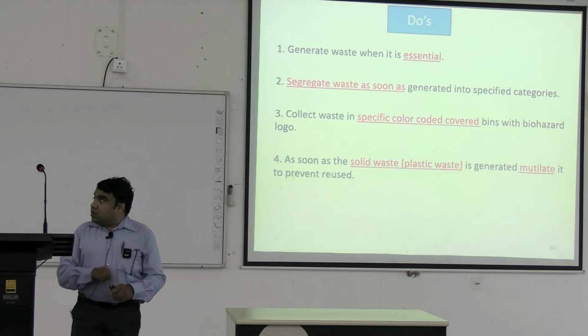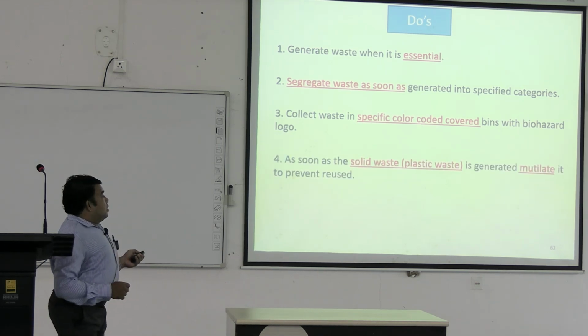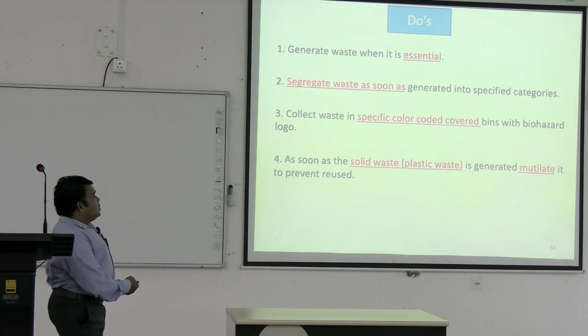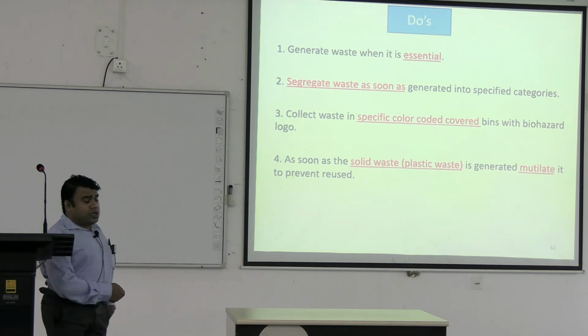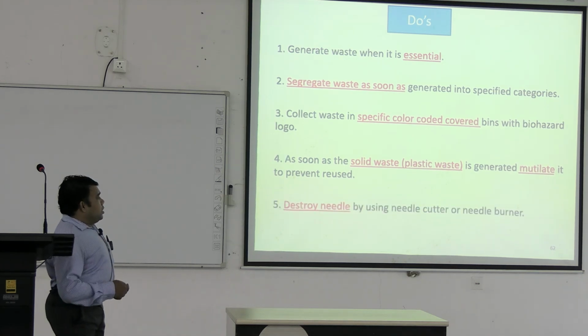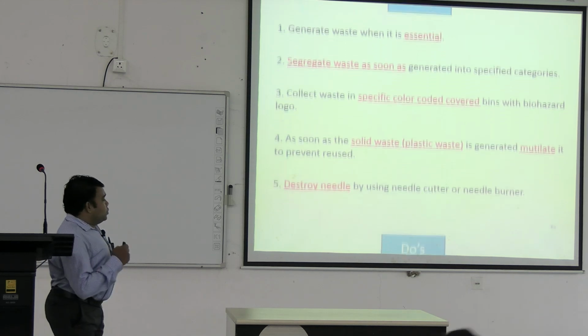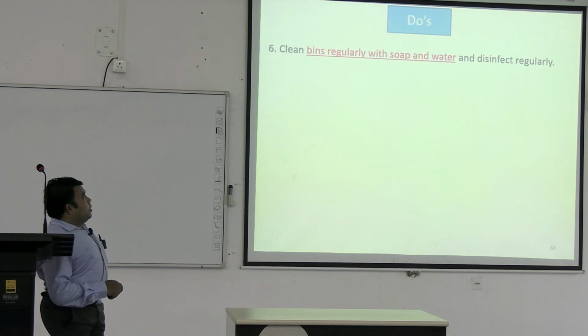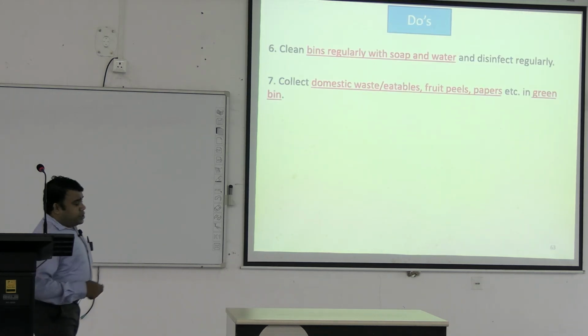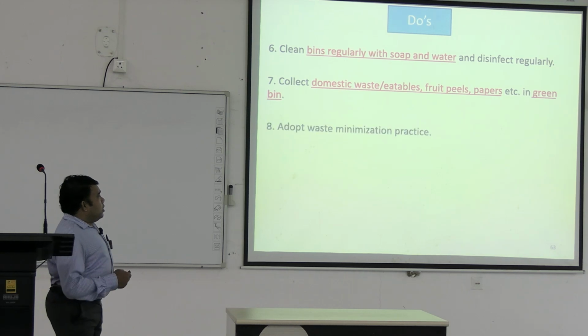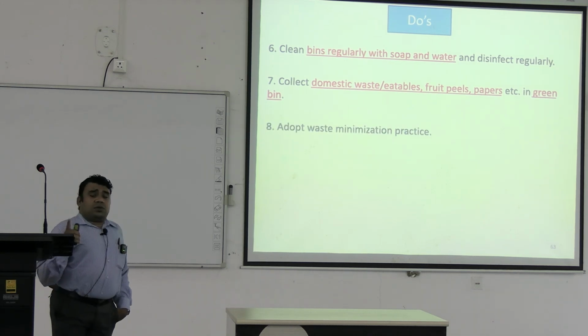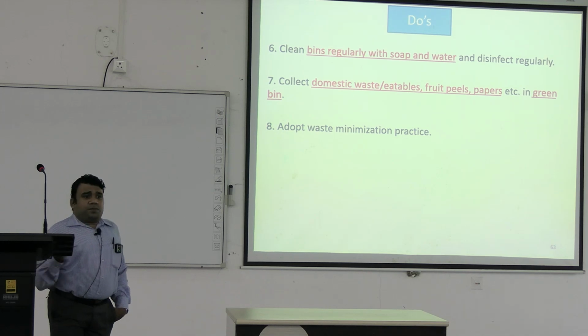Then, as soon as solid plastic waste is generated, it should be mutilated to prevent reuse. Needles should be destroyed with a needle cutter. The bin should be regularly washed with soap and water. Also remember, a hospital also generates municipal waste like fruit peels and other waste.